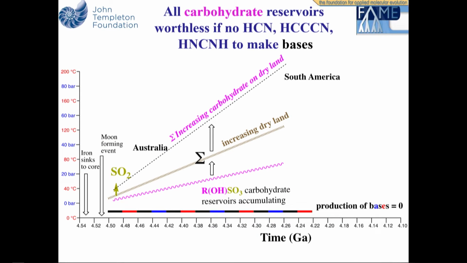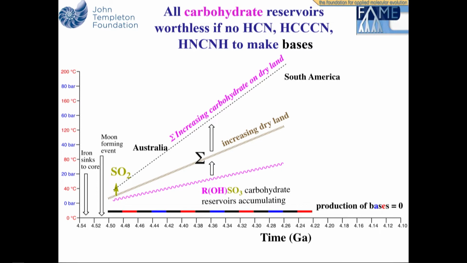And all the carbohydrate reservoirs that we make are worthless if there are none of these reduced nitrogen-containing molecules to make the bases. And so what you're seeing here is a problem which we're going to aggregate and put on top of each other, all the things I've spoken about. Obviously, as you go forward in time, you have an increasing amount of carbohydrates.